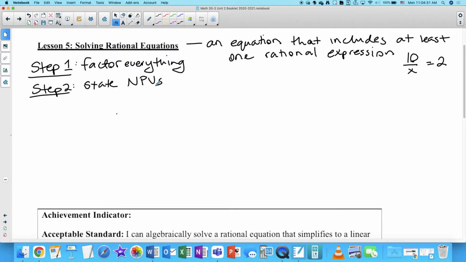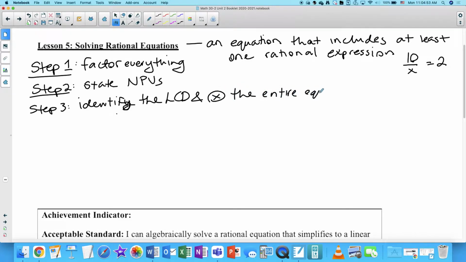We're going to multiply the entire equation by the least common denominator. So actually, maybe part of step 3 is identifying the LCD, and then multiply the entire equation by that LCD.